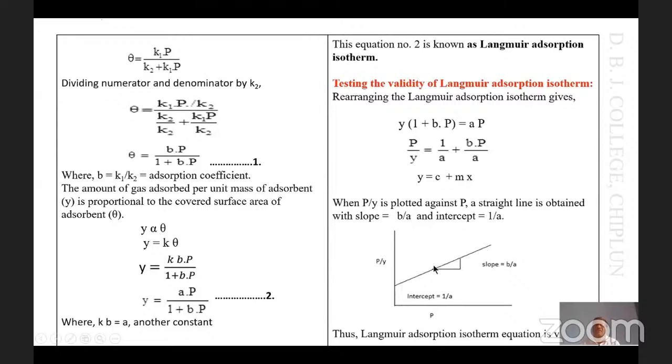The slope of this straight line will be B upon A, whereas the intercept made by this straight line on the y-axis will be equal to 1 upon A. Thus, Langmuir adsorption isotherm equation is verified because we got a linear plot as per the expectation of this equation.